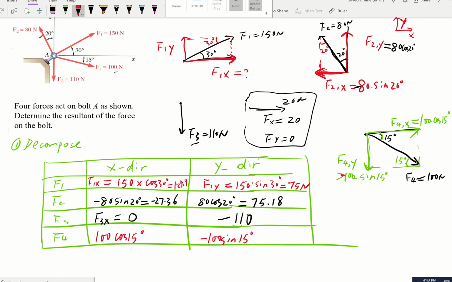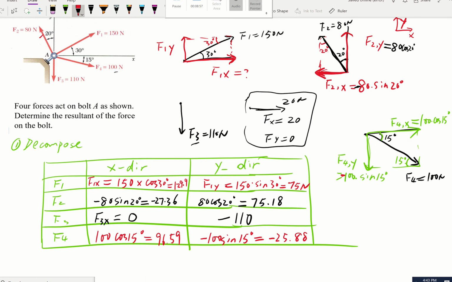Then let's go ahead and put it into your calculator. Now, the first value is going to be 96.59. And the second one will be 100 times sine 15, and that's going to be negative 25.88. So we have finished our first step.